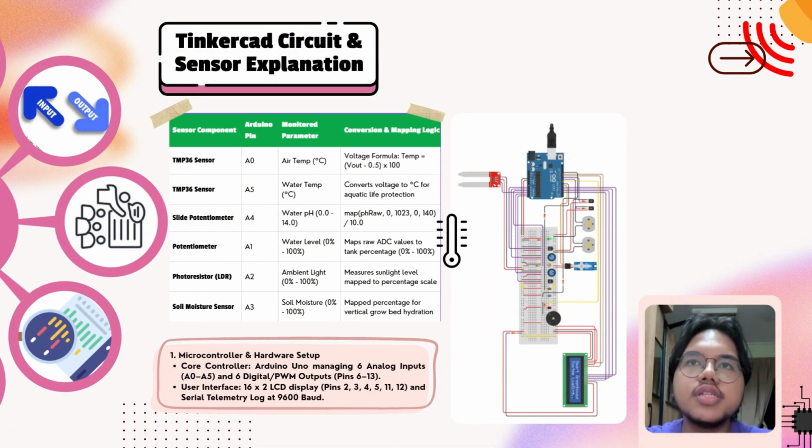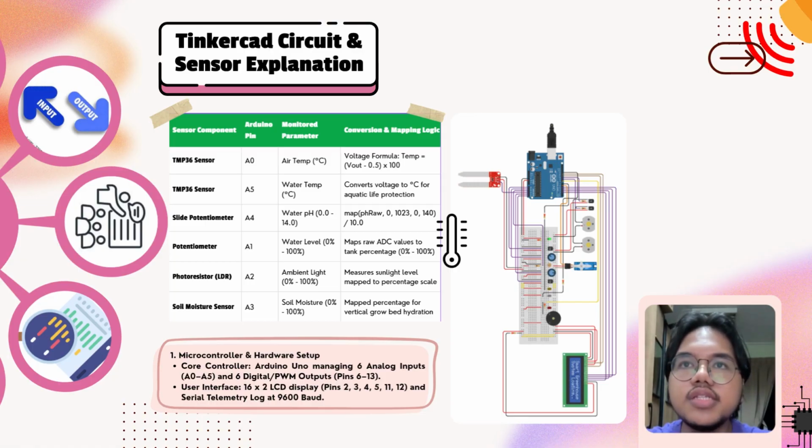Okay, so for the Tinkercad circuit, we have the microcontroller and hardware setup, which is Arduino Uno as our core controller that manages 6 analog inputs and also 6 digital outputs. We also have the user interface, which is a 16x2 LCD display and serial telemetry log at 9600 baud.